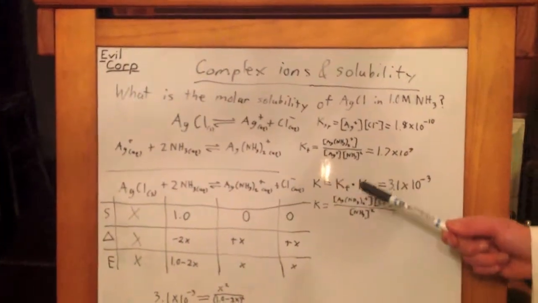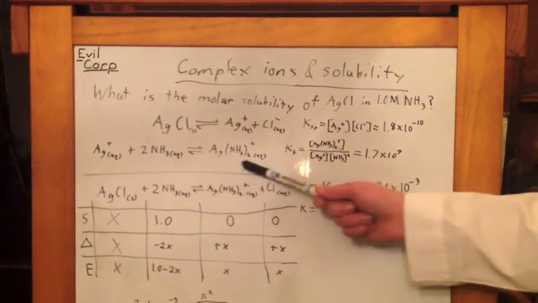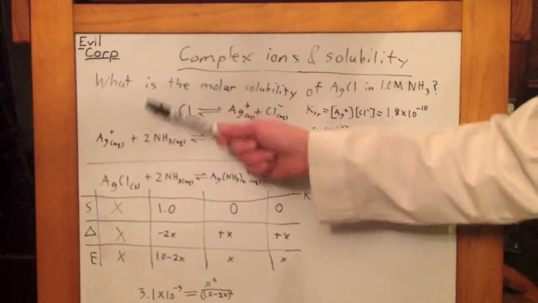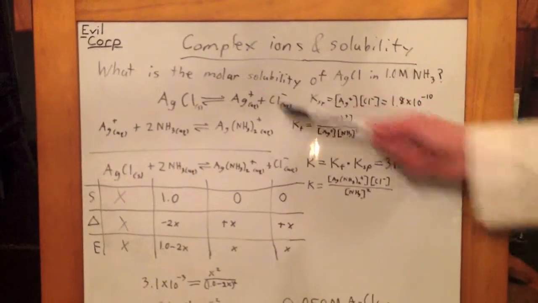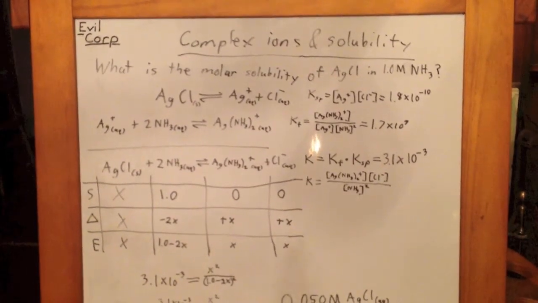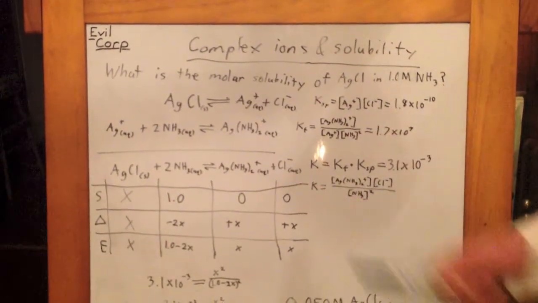Since it's an ammonia solution, the silver ions will react with ammonia to form a complex ion, in addition to the silver chloride dissociating into the silver ions and chloride ions. So, to solve this problem, we're going to need to put these two together.